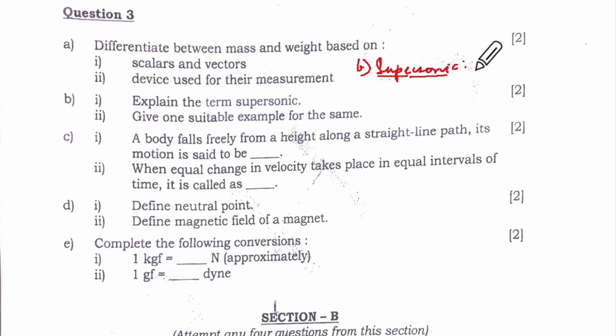So speed greater than speed of sound. Come on, write this down. And give one suitable example for this. What is the example given in the book? I'm sure you all have forgotten.